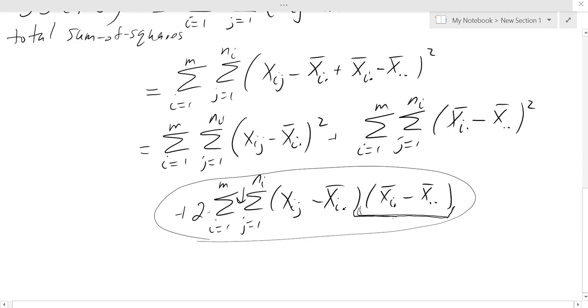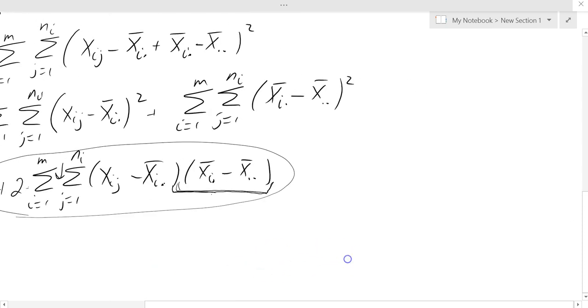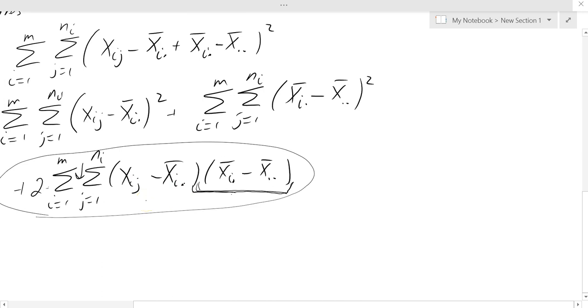Let me do this off to the side, because all I care about right now is the circled term. We want to show that it actually goes away.